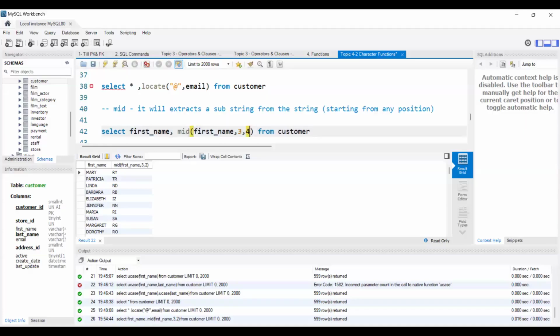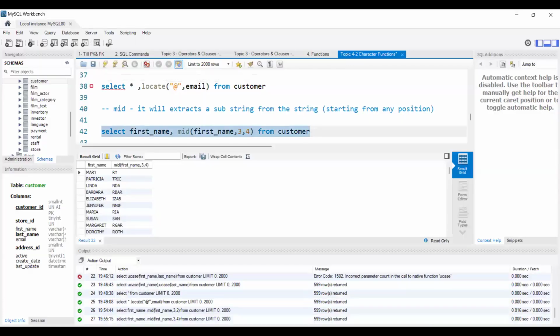If I use 4, starting from 3, it will display 4 characters. And if you don't have 4 characters, it will display however many are there. See here, starting from the third position, I don't have 4 characters, I have only 2, so it just displays the third and fourth characters, right?